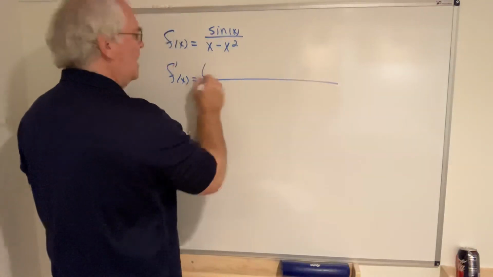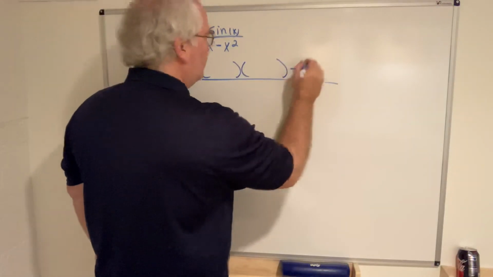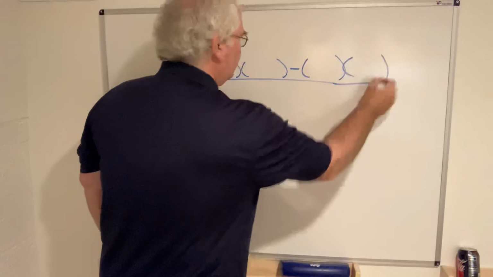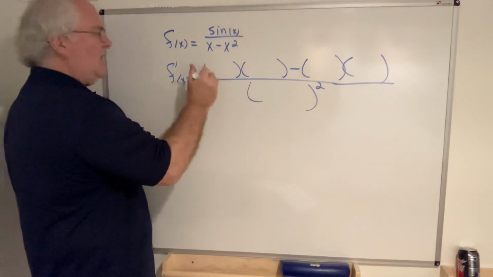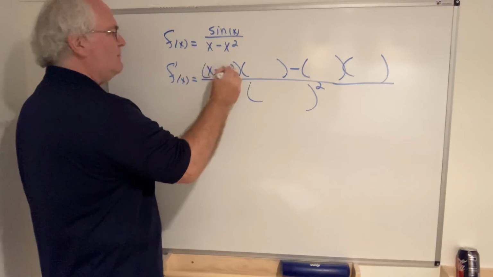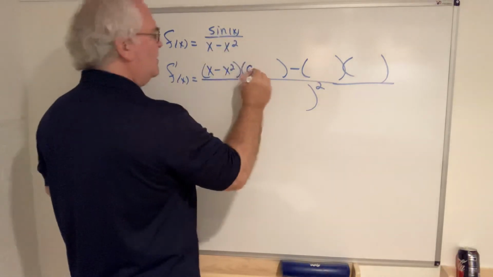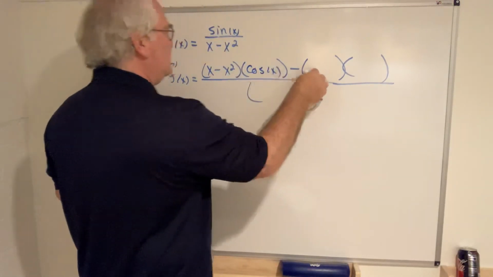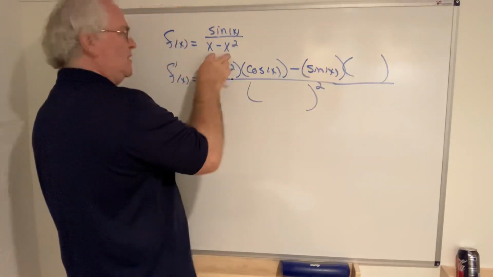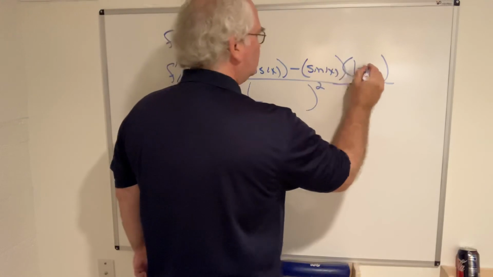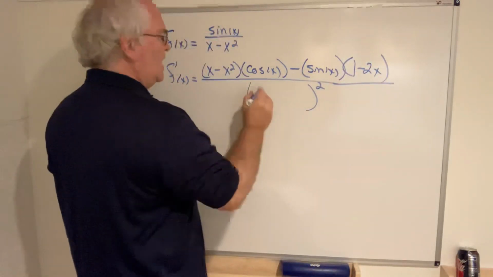That is denominator times derivative of the numerator minus numerator times derivative of denominator all over denominator squared. Denominator copy paste times derivative of the numerator minus numerator copy paste times derivative of denominator all over denominator squared.